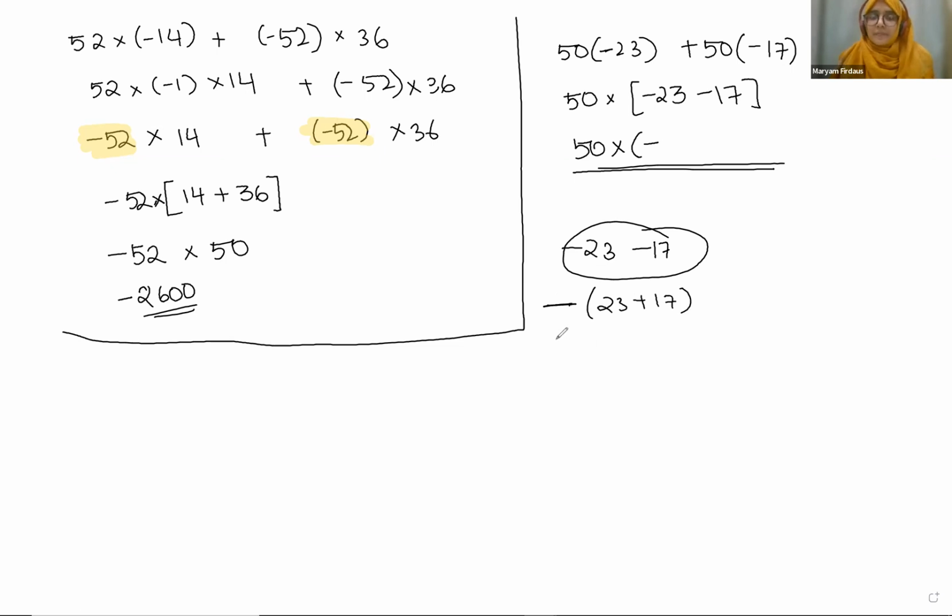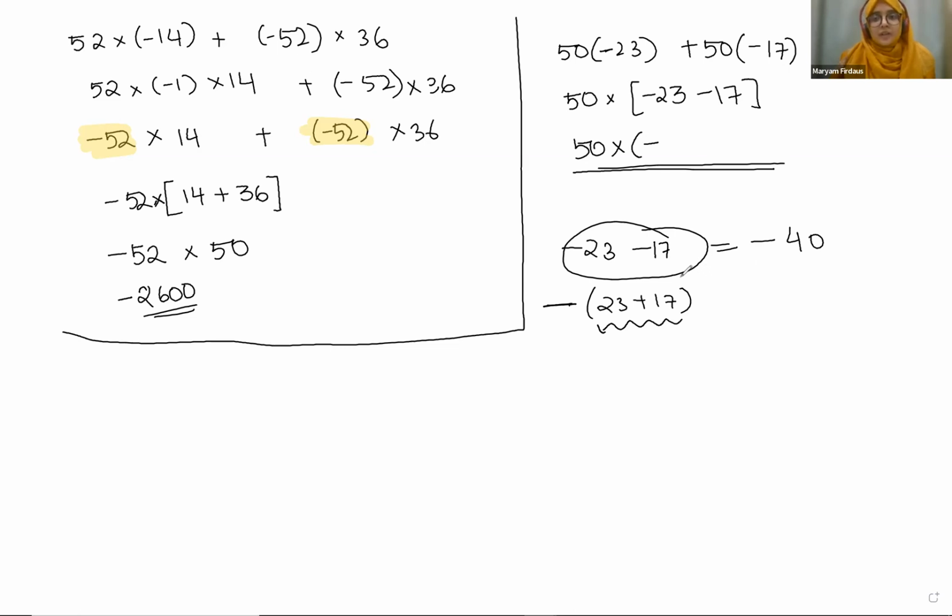Okay. What is the negative of 23 plus 17? Okay, forget about negative. What is 23 plus 17? 40. So this will be equal to negative 40.